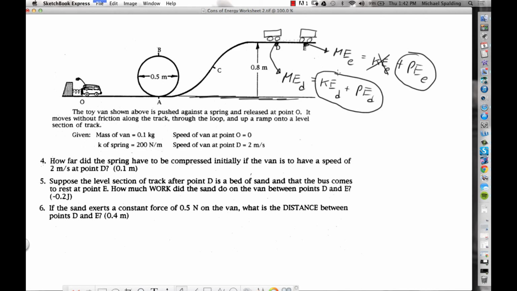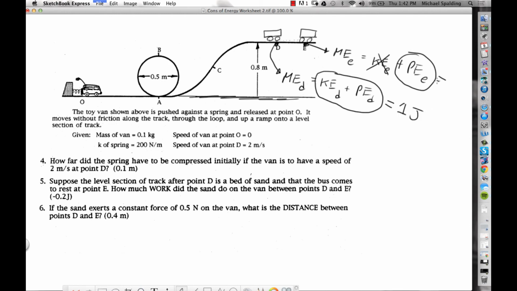Now look, if there was no friction from D to E, the energy would stay the same, right? But what does friction do? Does friction add energy or remove energy? Removes it. Hey, what's the mechanical energy at point D going to add up to? It's going to be 1.